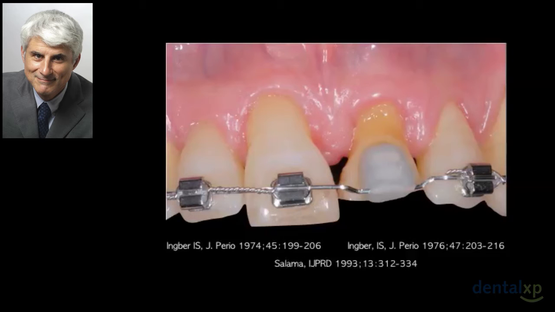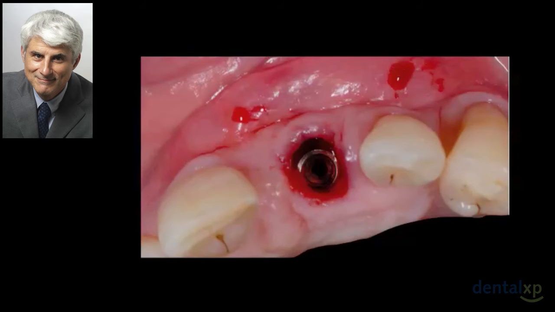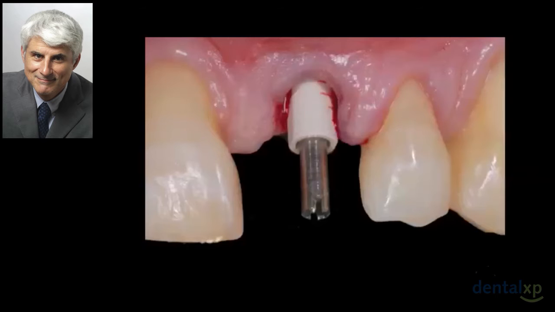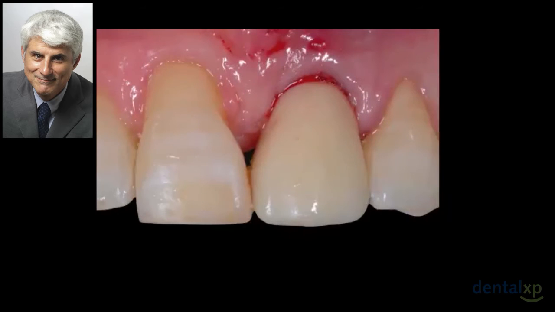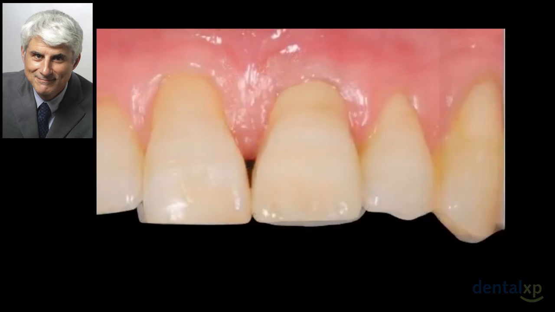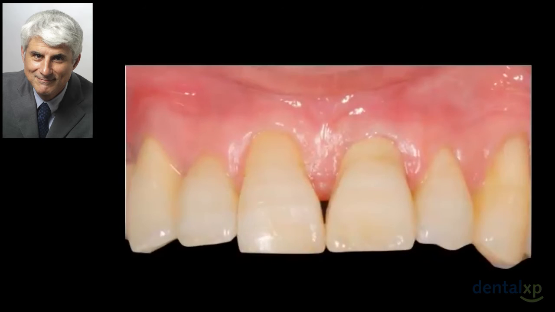So we decided to extract the tooth, to insert an implant, to insert a temporary abutment, and to deliver a crown. This crown, of course, was inserted at the moment of the surgery, and the case was finished after that in a quite simple way. This is the way it was finished, and the case is still stable and the way it is.